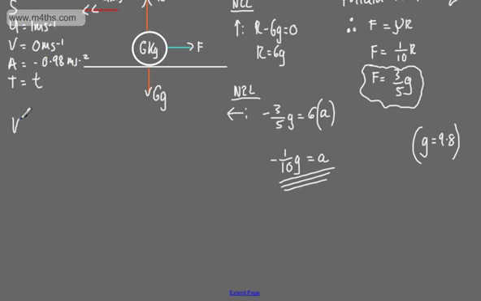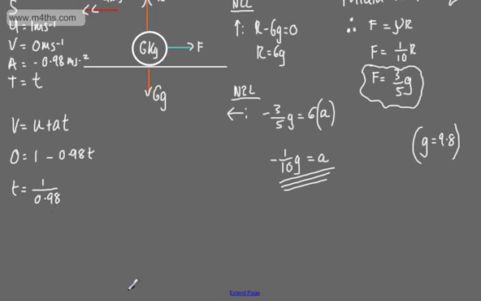So what we want to do now is find the value of t. Using SUVAT, v is equal to u plus at. We can simply go ahead and sub in. So 0 will be equal to 1, and then we're going to have plus at, so that's going to be minus 0.98t. Doing some rearranging, we can say now that t will be equal to 1 over 0.98.